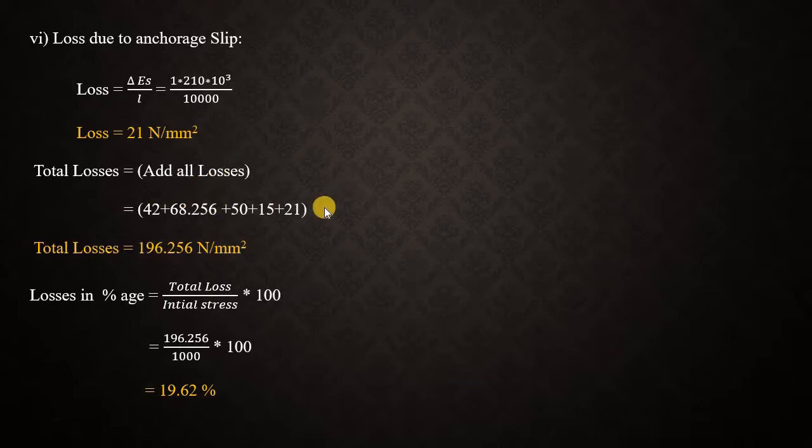Now add all the losses, and we get 196.256 Newton per mm square as the total loss. This is in terms of stress; now in terms of percentage, I have taken the formula as total loss by initial stress into 100.